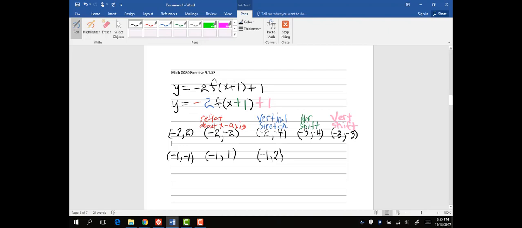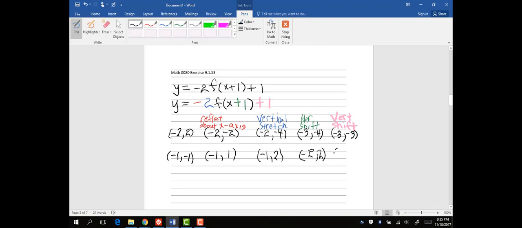Now I want to employ the horizontal shift, so I am moving 1 unit to the left, so I subtract 1 from whatever my x value is for a horizontal shift. So -1 minus 1 is -2. My y is unchanged.